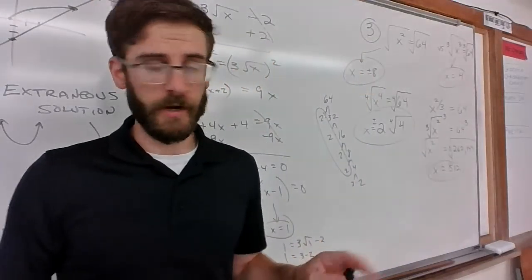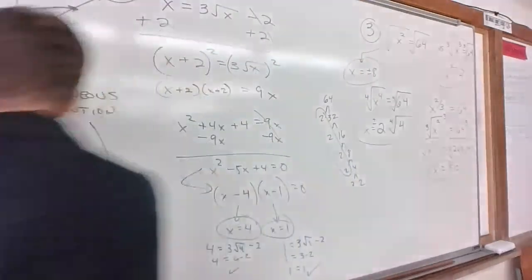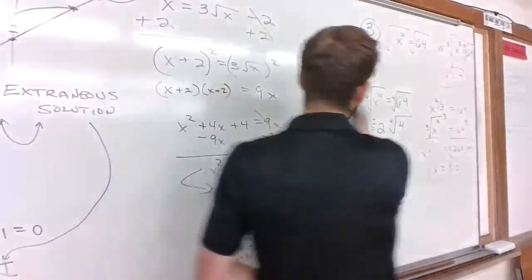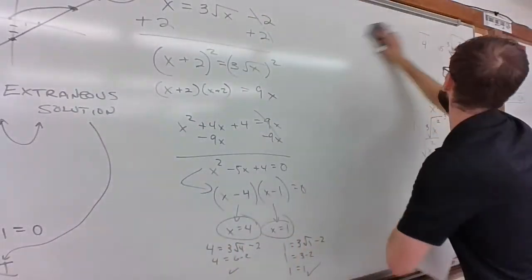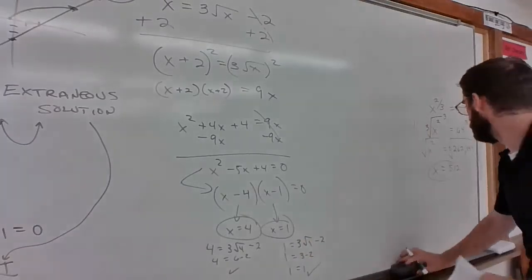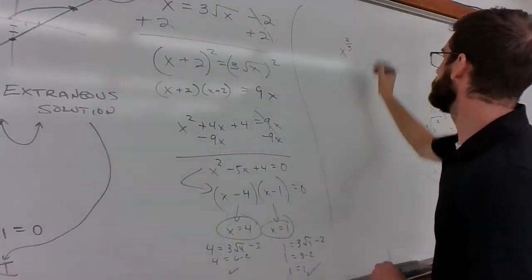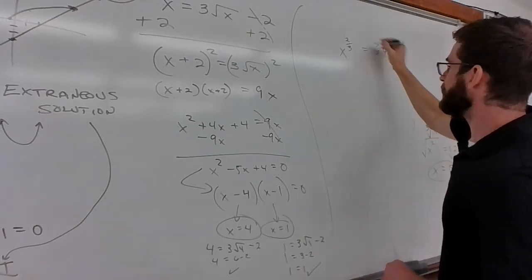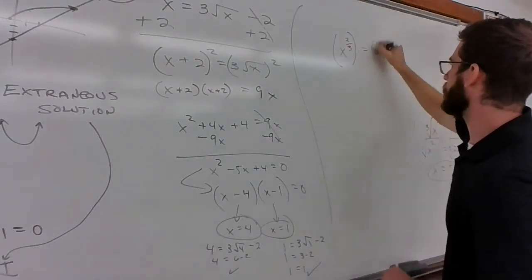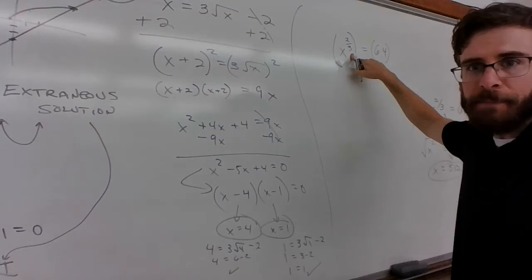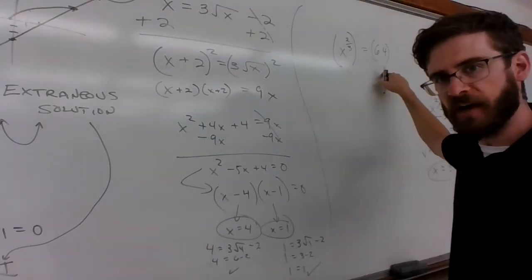However, it's not the only way. If you recall, the properties of exponents state that you can take something to any power you want, just as long as you do it to both sides.